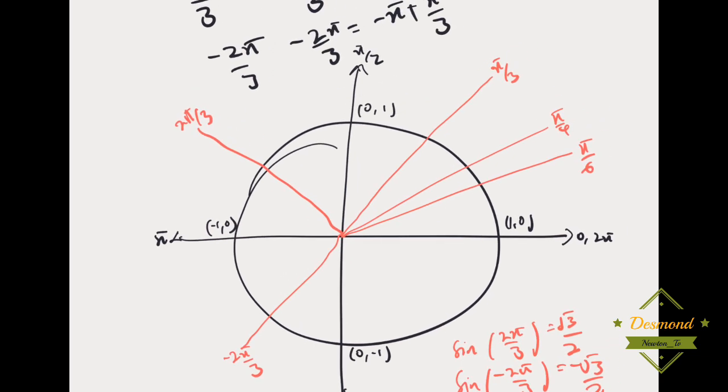Let's see, we have the coordinate to be (-1/2, √3/2), right? Then right here we have the coordinate to be (-1/2, -√3/2).